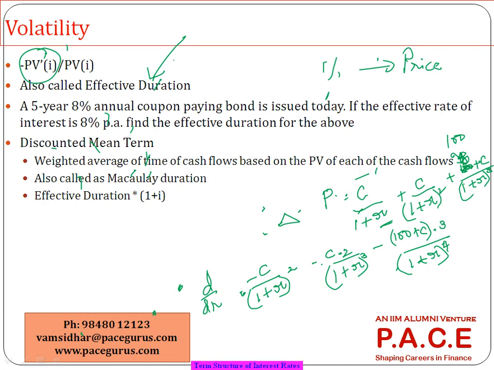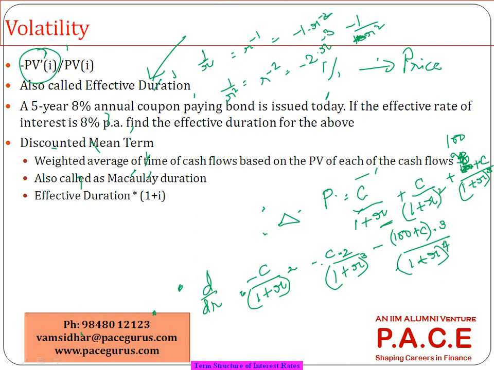Because for 1 by R, the derivative is nothing but minus 1 into R to the power of minus 2, which is nothing but minus 1 by R squared. If I want, it can be written as R to the power of minus 2, and the derivative of this will become minus 2 into R to the power of minus 3, or minus 2 by R cube. So that is the logic we are using.